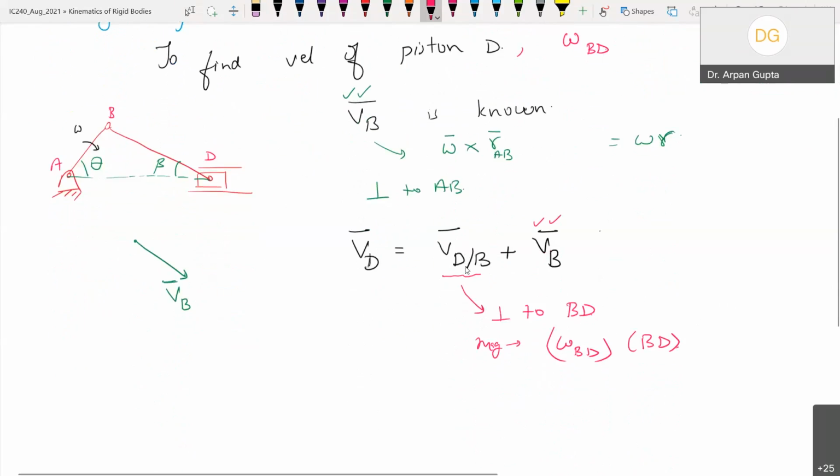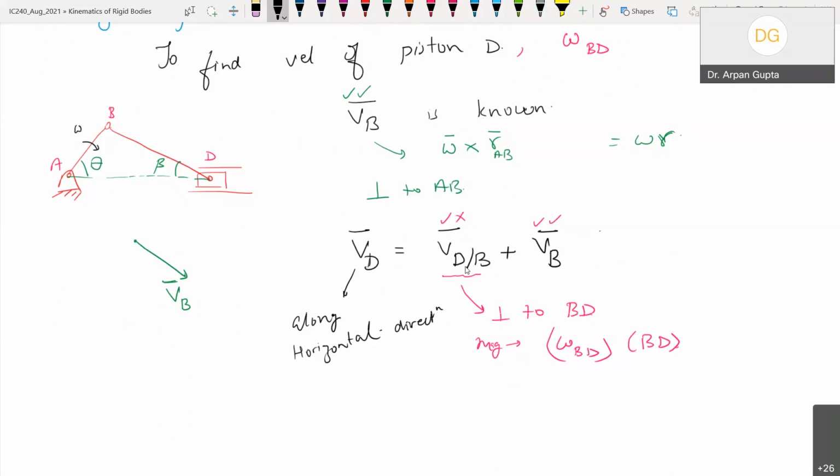So here we know the direction, but we don't know the magnitude, right? And coming to the velocity of point D, we know that this will be along the horizontal direction.